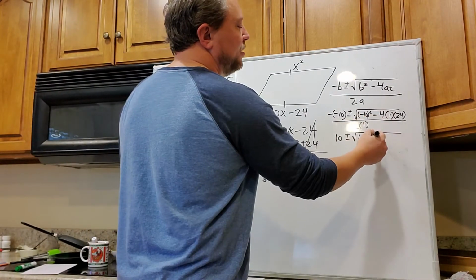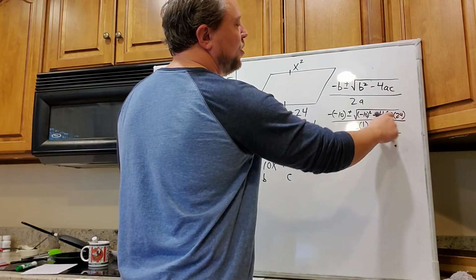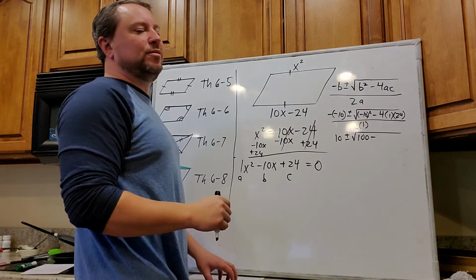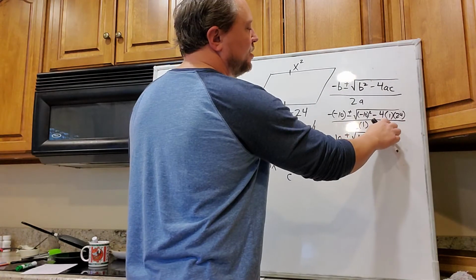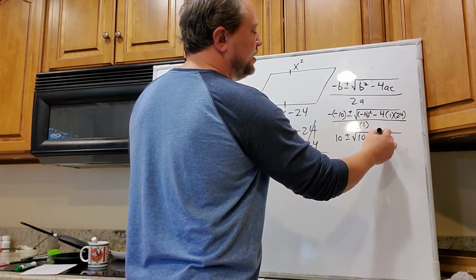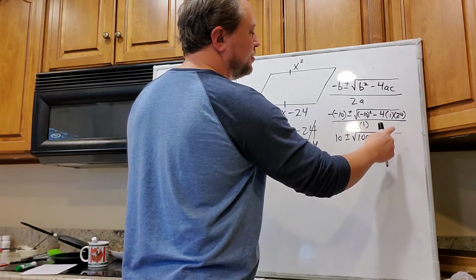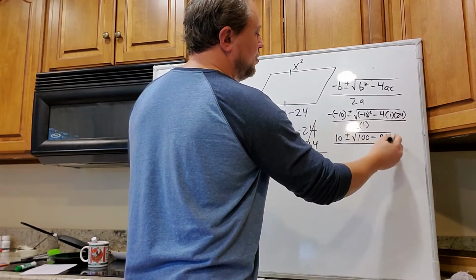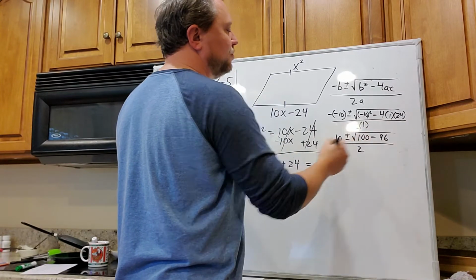Over here, we're going to say minus, and then we're going to multiply all that out: 4 times 1 times 24. So 4 times 1 is 4, and 4 times 24 is 96. All over 2 times 1, or 2.